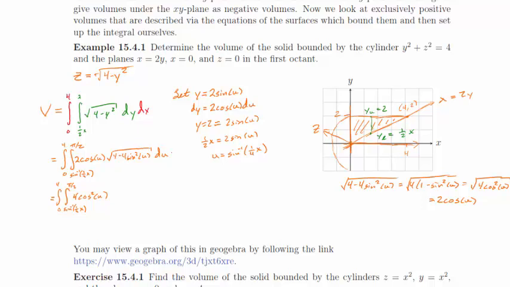Oh, I need a dx on this still. Du dx. And then we're going to use a double angle formula that tells us that cosine squared of u equals cosine of 2u plus 1 over 2.